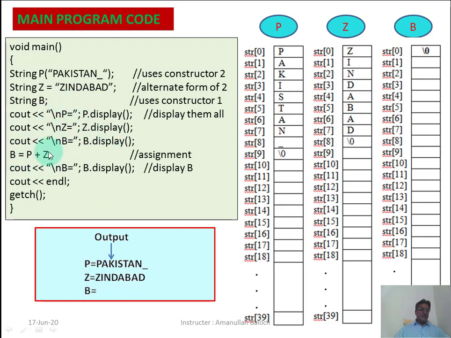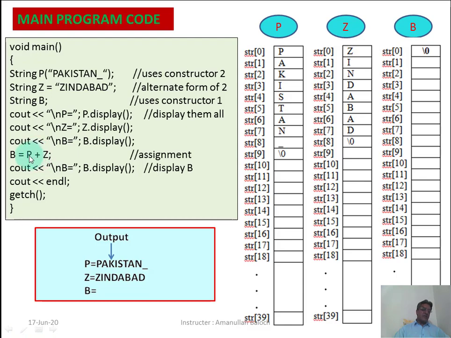In the next line we can see B is equal to P plus Z. Here P is calling this plus operator function, and the value of the Z object, that is Zindabad, is passed to this plus operator.